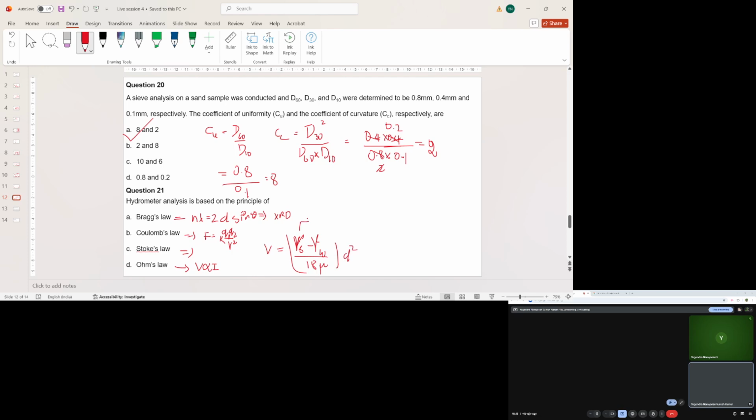So gamma s is the unit weight of soil solids, gamma w is the unit weight of water, mu is the dynamic viscosity, and d is the diameter of the particle.